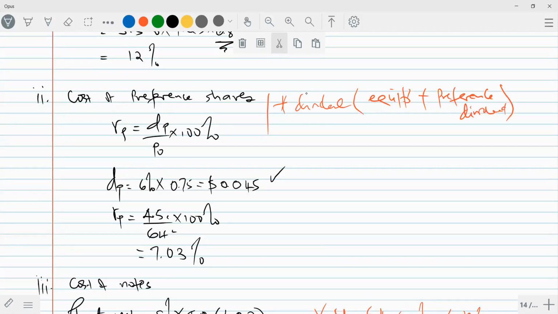Both equity dividend and preferred dividend are non-taxable, not like the case of interest. So in the case of debt, we use the net interest. In the case of preference share, we don't tax it. Any dividend, be it for equity shareholders or preference shareholders, we assume is not taxed. Okay, sir. Thank you.